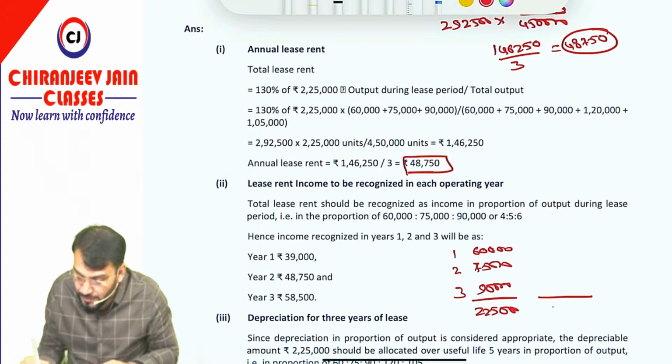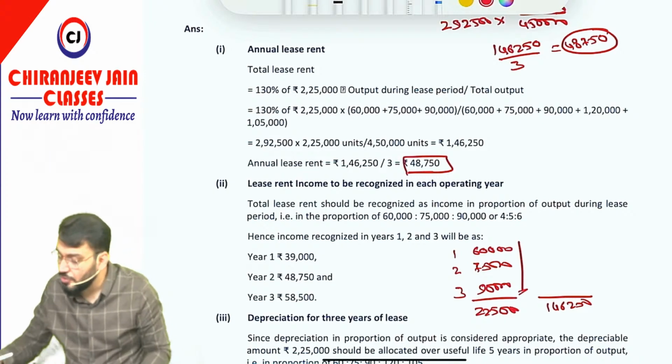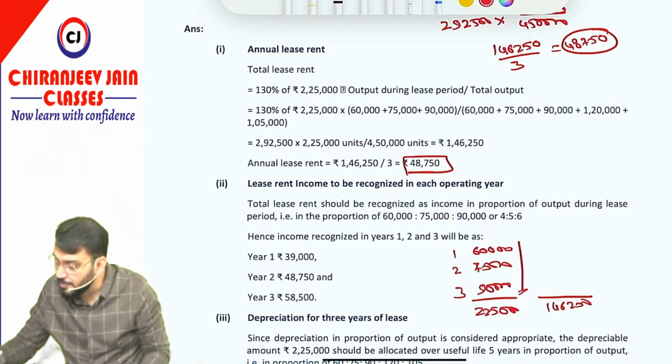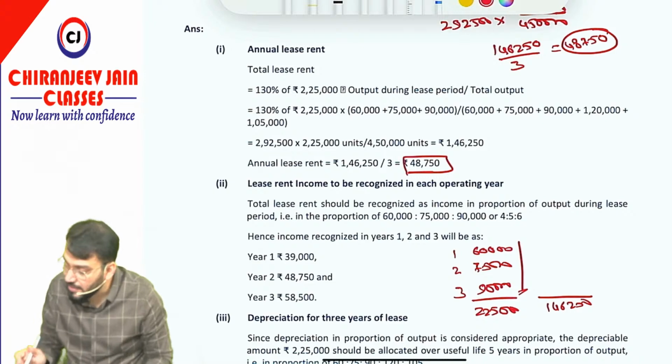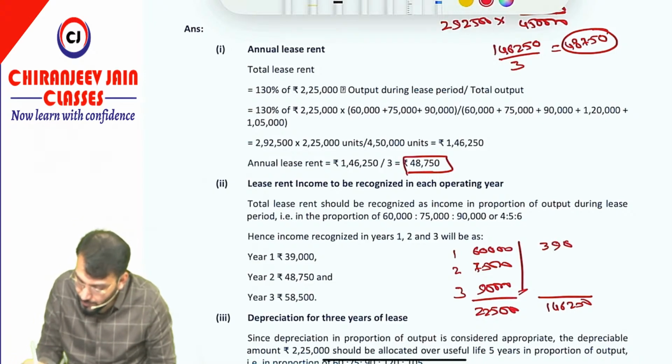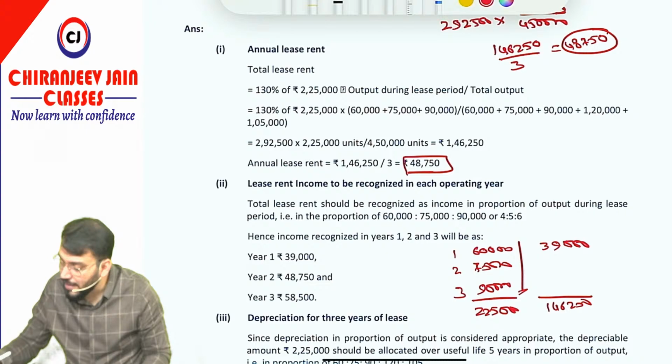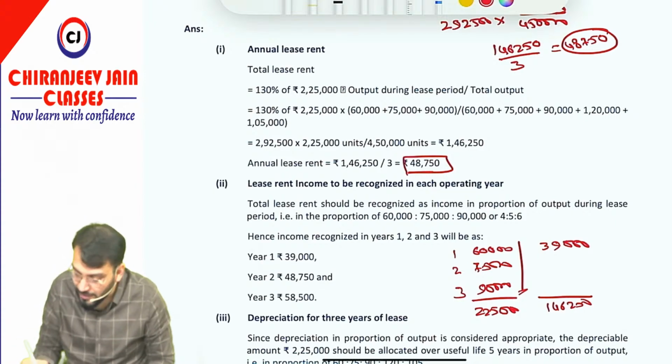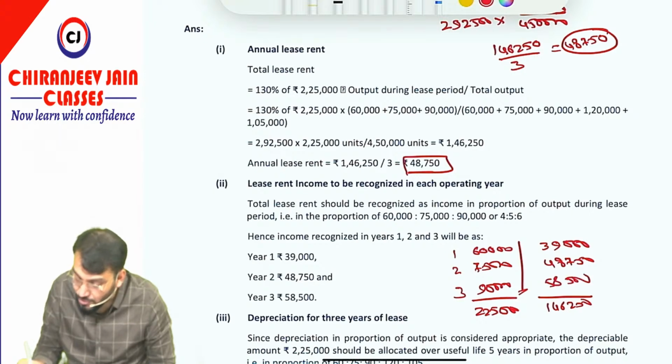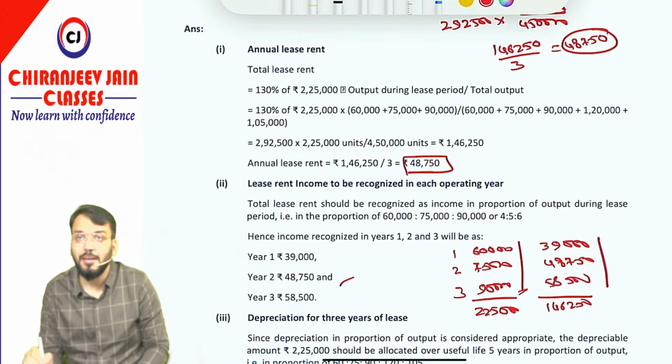And the total lease payment is 1,46,250, so this will be allocated in this ratio. 1,46,250 divided by 2,25,000 into 60,000, so first year income will be 39,000. Second year it will be 1,46,250 divided by 2,25,000 into 75,000, so that will be 48,750. And last year it will be 58,500. So this will be the lease income.